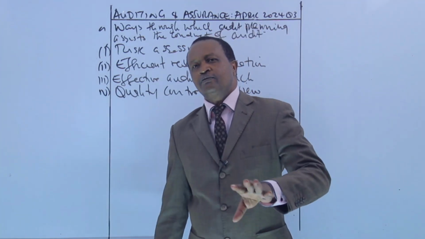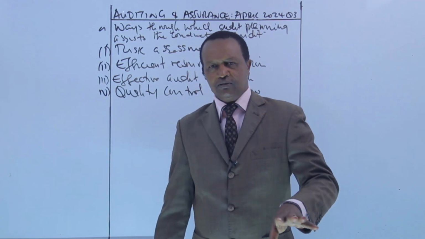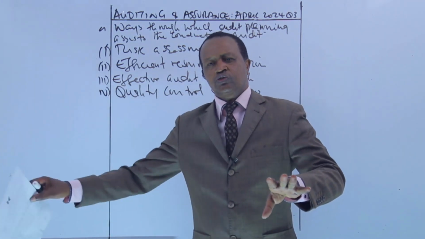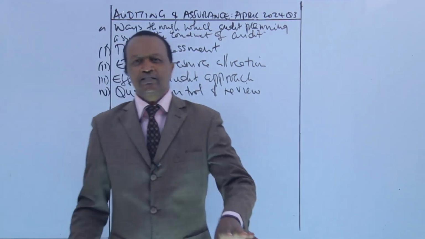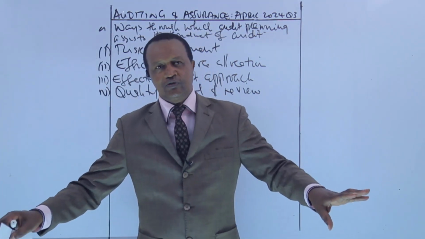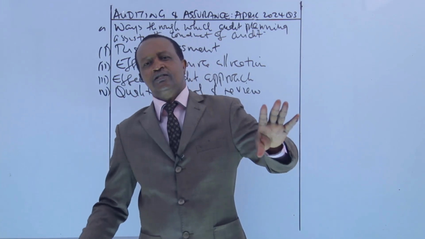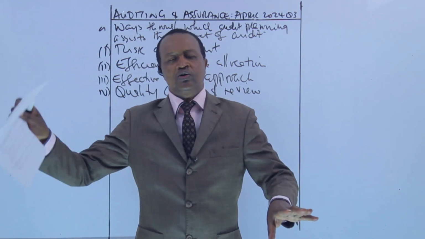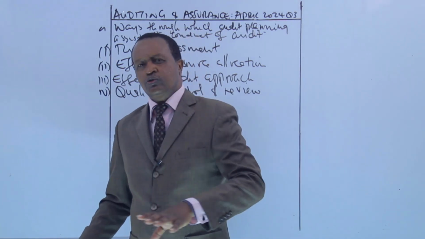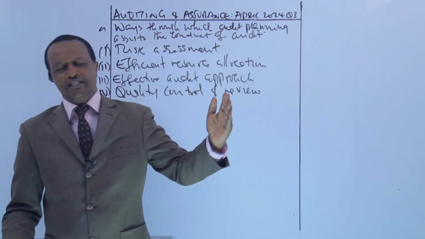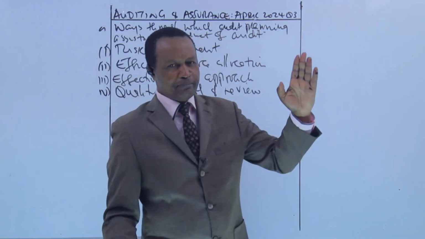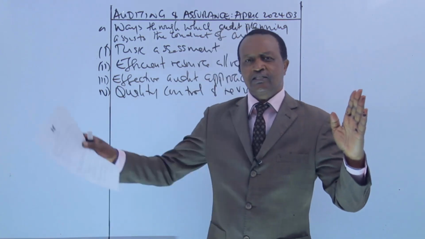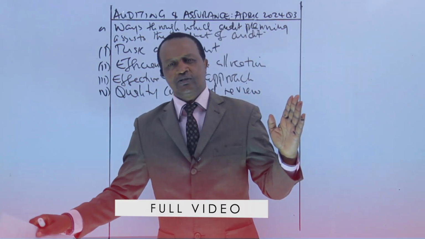Candidates, in management, you cannot control if there is no plan. Generally speaking, let's forget auditing for a moment. Controlling, you can only control if there is a standard. Controlling means that there is a benchmark and then there is actual performance.